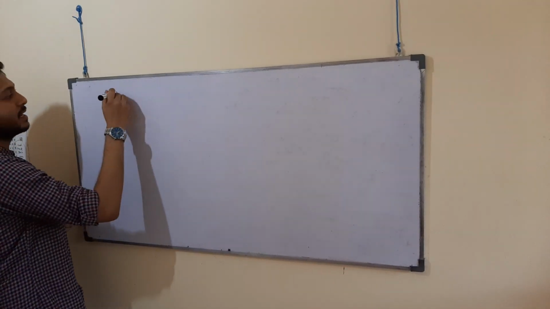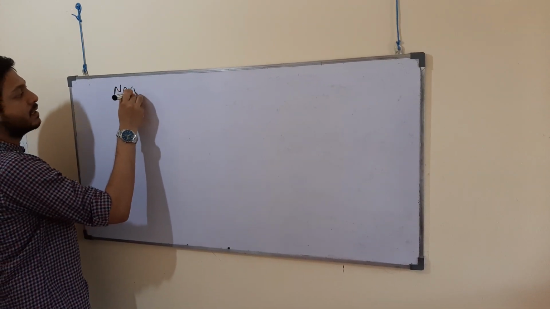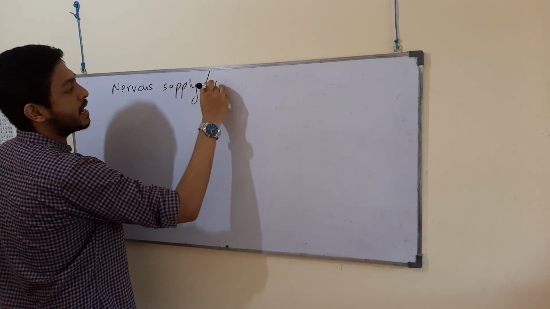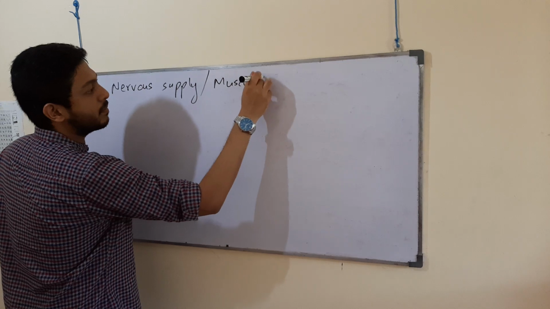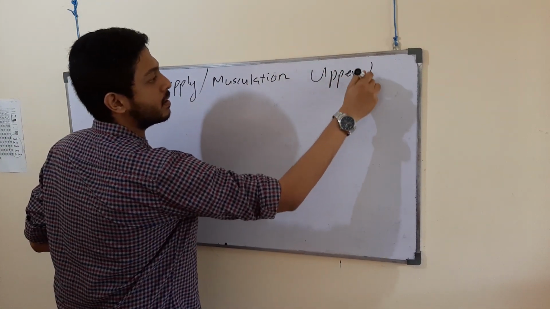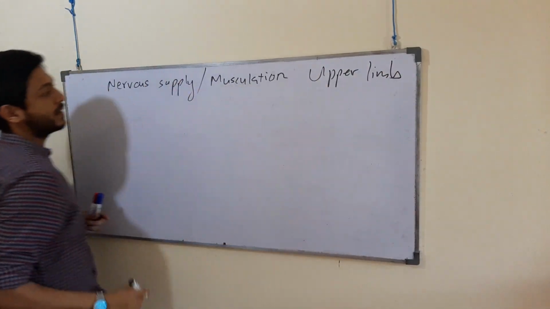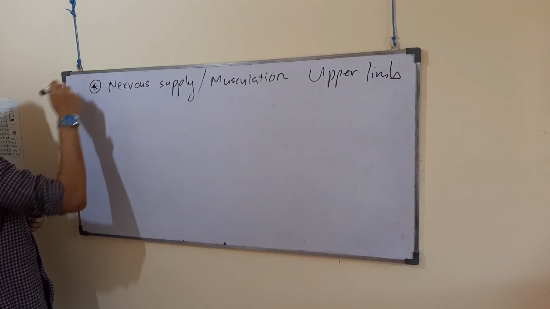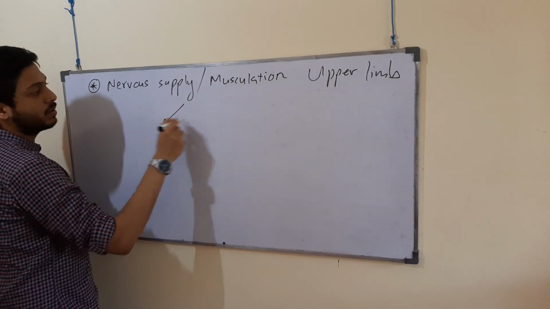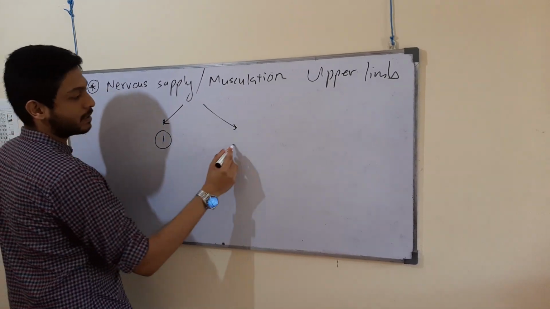Today the topic which I will be discussing is the nerve supply and musculature of the upper limb. I will be dividing this topic into two videos, the first part and the second part.